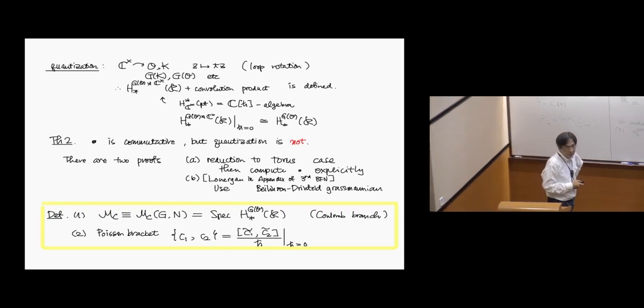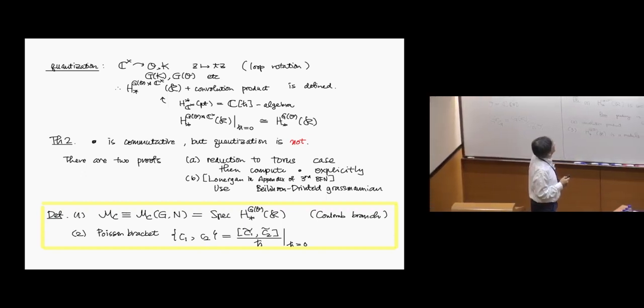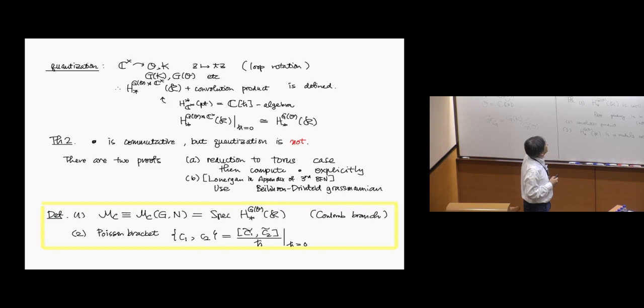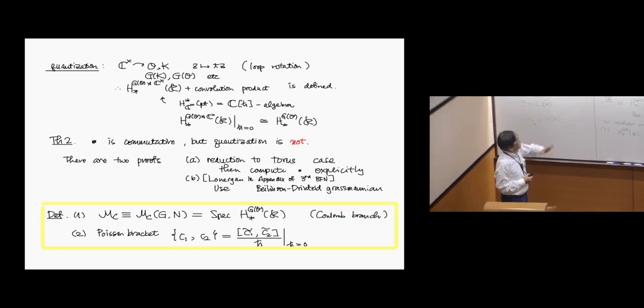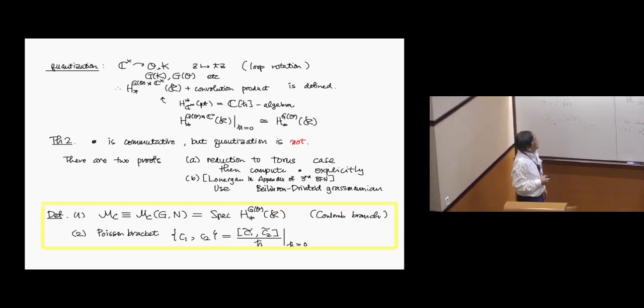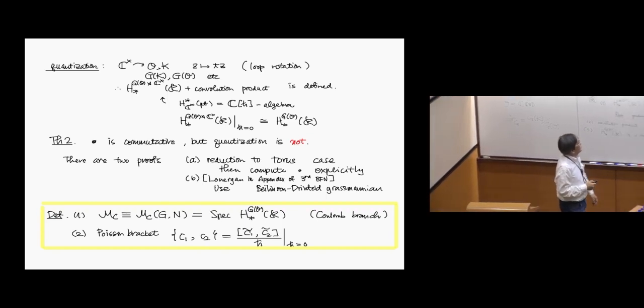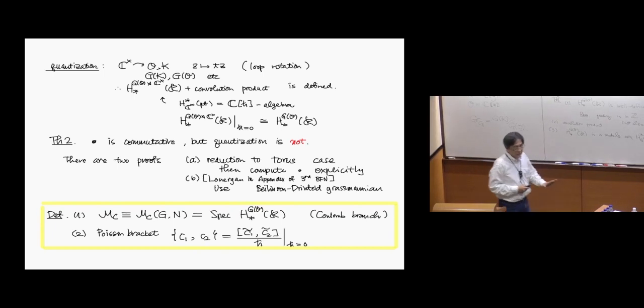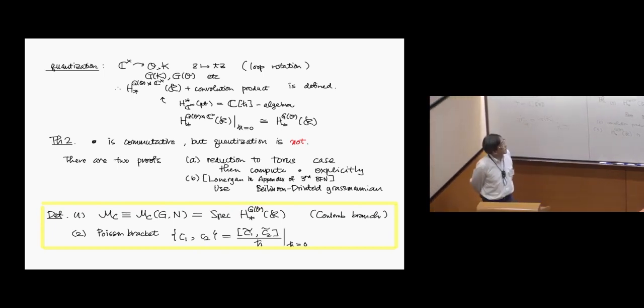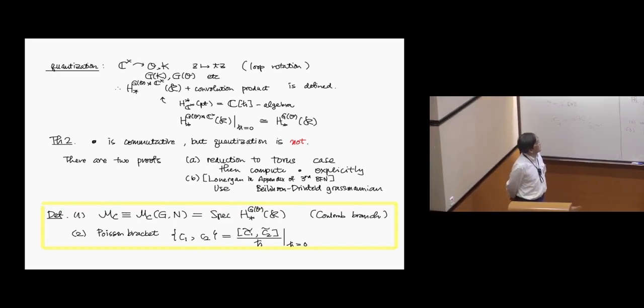Anyway, once you get the commutative algebra, you define the Coulomb branch as the spectrum of the commutative ring. This is a priori an affine scheme, unless you know some properties of this commutative ring. But in fact, we know that this ring has various nice properties.